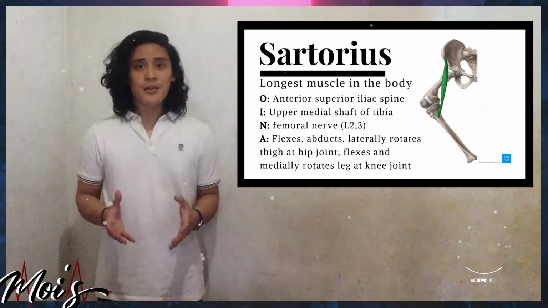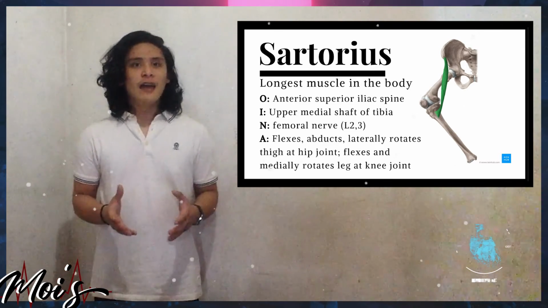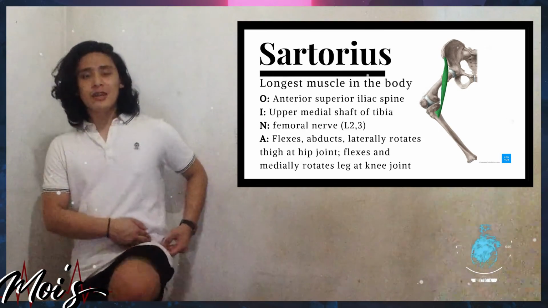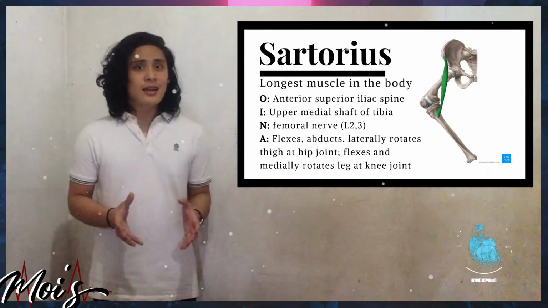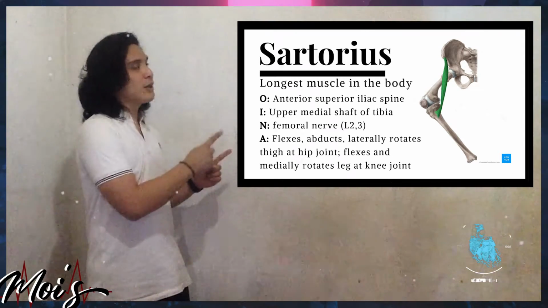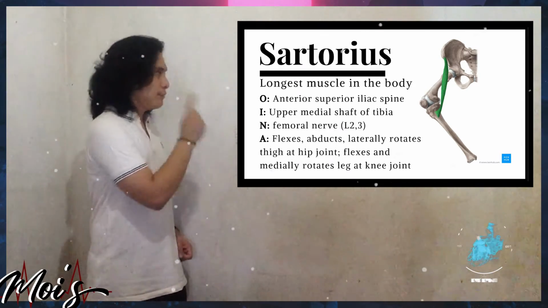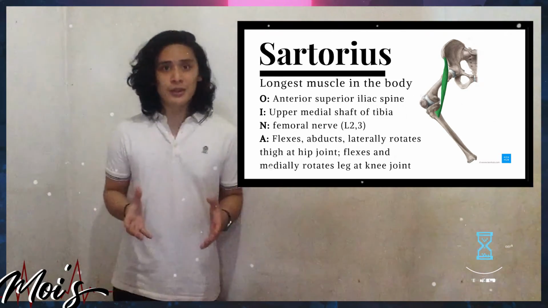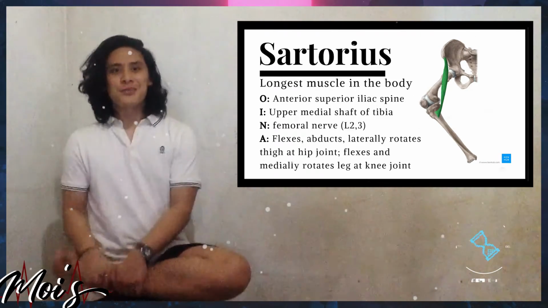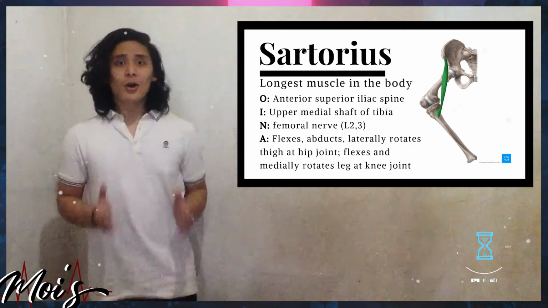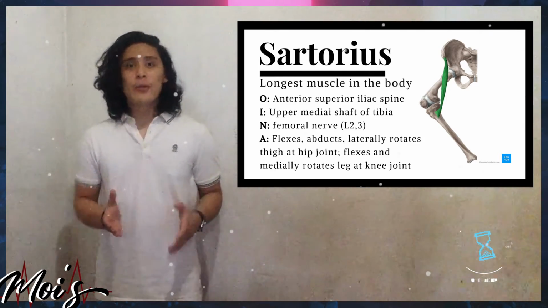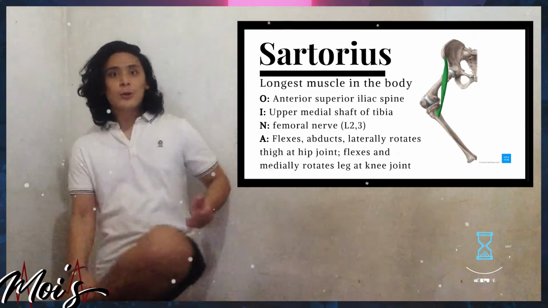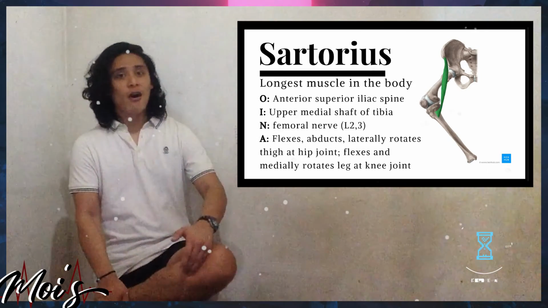It is innervated by our femoral nerve and it can flex your hip, abduct, and externally rotate. Just use the mnemonic flex, abduction, and external rotation, or simply do the quattro position. Our Sartorius is the main muscle to perform the quattro position, from our ASIS to the upper medial shaft of our tibia.